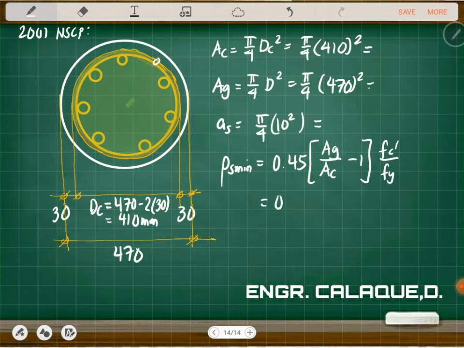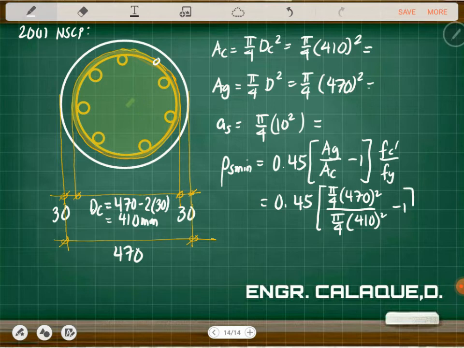Thus we have 0.45 times pi over 4 times 470 squared, all over pi over 4 times 410 squared, minus 1.